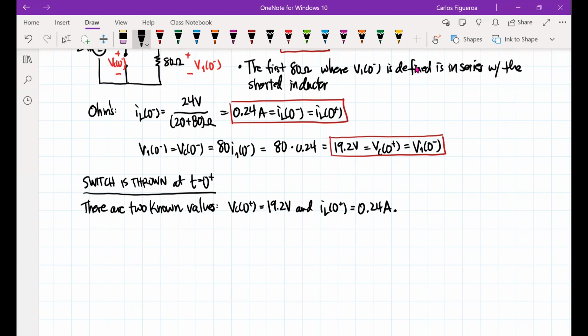So what we really got to do here is that because I2 and V1 of 0 plus are resistors, we expect discontinuities.